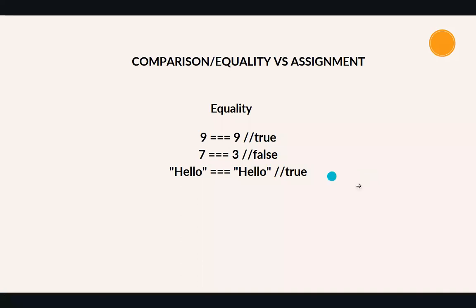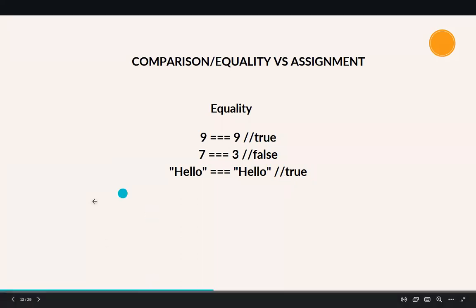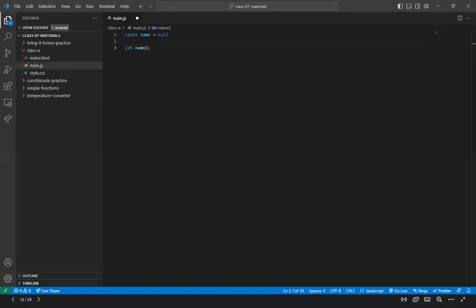So if I did, for example, 2 equals 2 equals 2. By default, this is not the same because this is a string and this is a number.